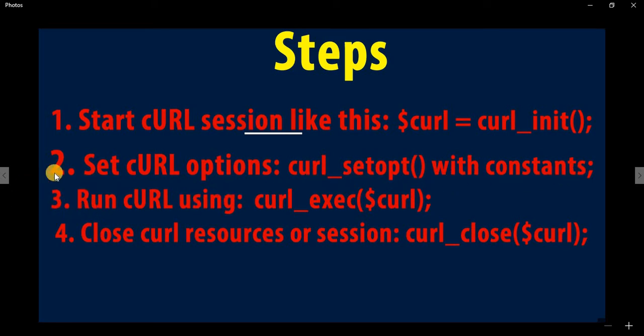Then the third thing that we need to do is to go ahead and run the CURL, and to run that we use a function called curl_exec. We're going to have to pass in the CURL initializer or the CURL session. In this case, this is just $curl, which is what we saved this particular function inside of. So we just pass that in here.